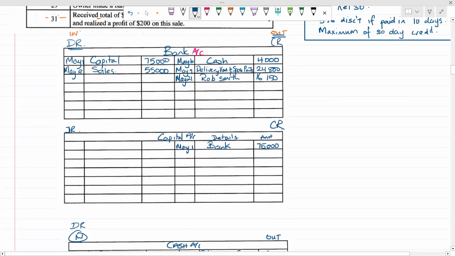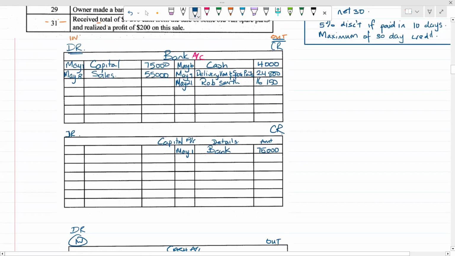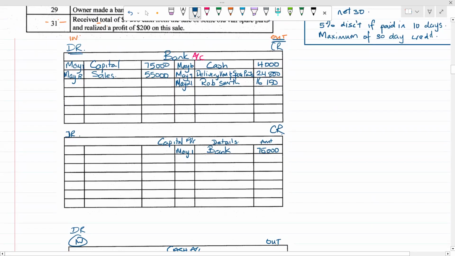Expense accounts are always debited, because in order to pay the expense, you have to be crediting your bank or your cash.